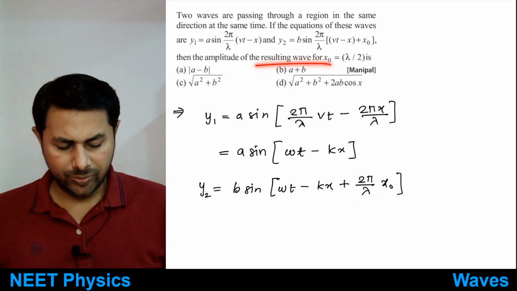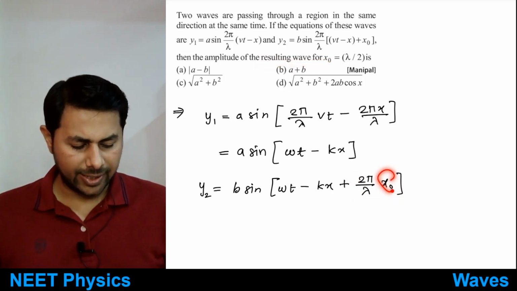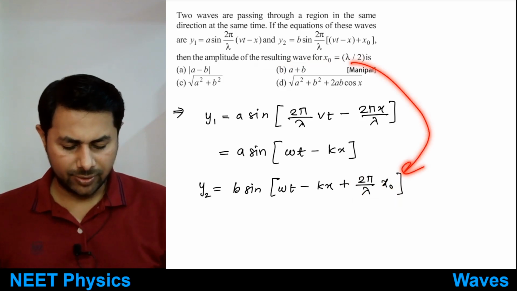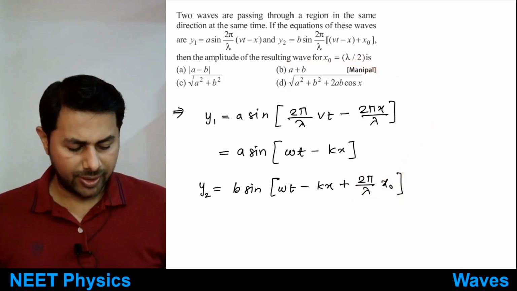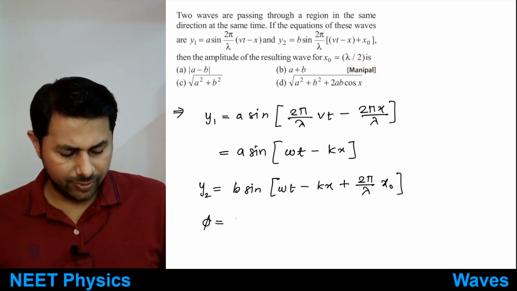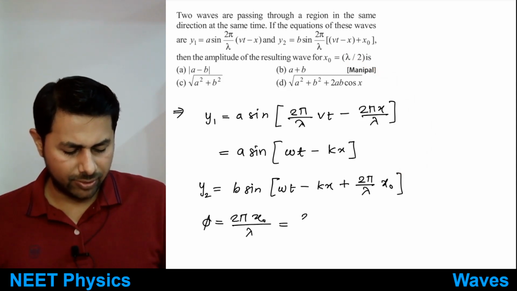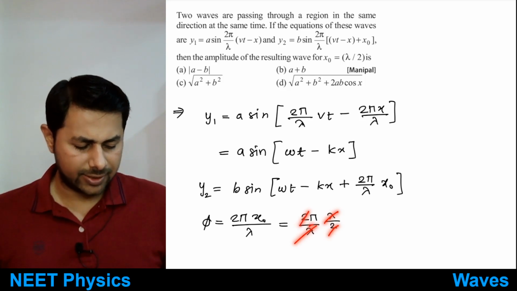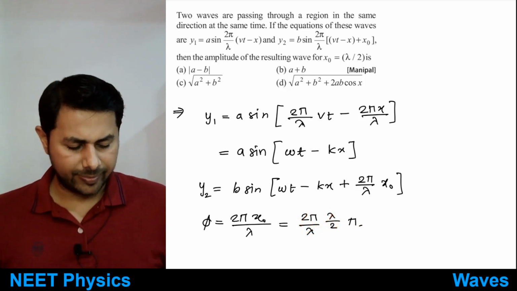And then what would be the resultant amplitude if this x naught is equal to lambda by 2? By substituting x naught equals lambda by 2, we get the phase difference phi equal to 2 pi x naught by lambda, which is 2 pi times lambda by 2 divided by lambda. So lambda gets cancelled, then 2 gets cancelled, so the phase difference is pi.